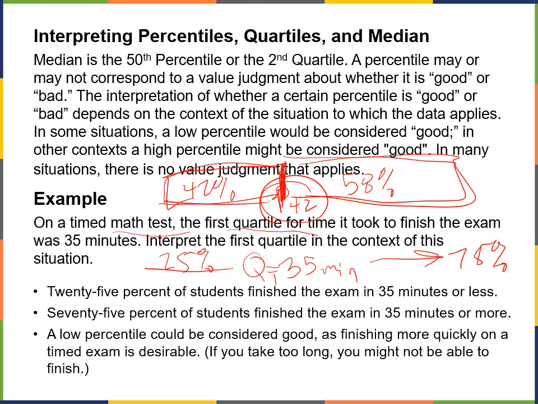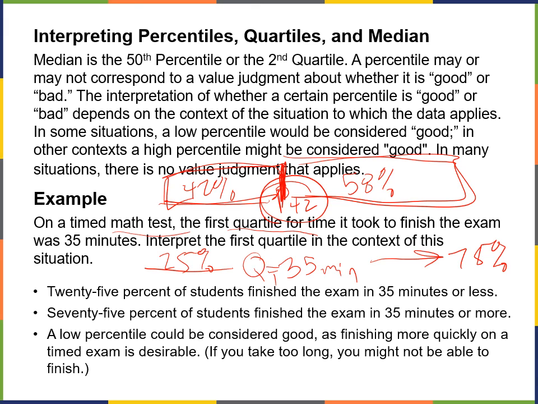So that means 25% of the students finished in less than 35 minutes, and 75% of the students finished in more than 35 minutes. Is that good or bad? Well, it doesn't really matter necessarily.